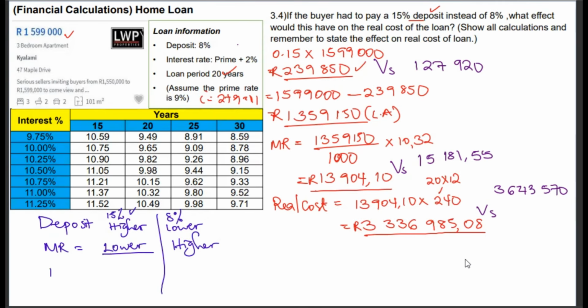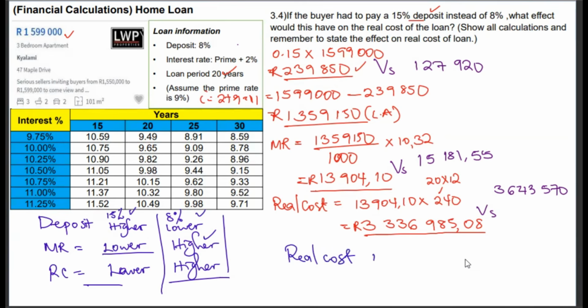Then the real cost. Let's look at the real cost. The higher the deposit, the lower the monthly repayment and the real cost. But the lower the deposit, the higher the monthly repayment and the higher the real cost. That's the effect that you see. So you shall say, what effect does the 15% have?